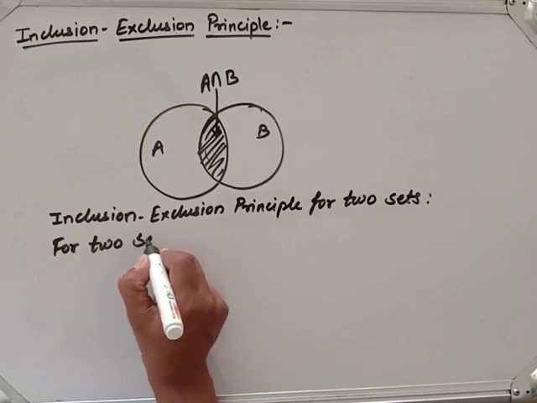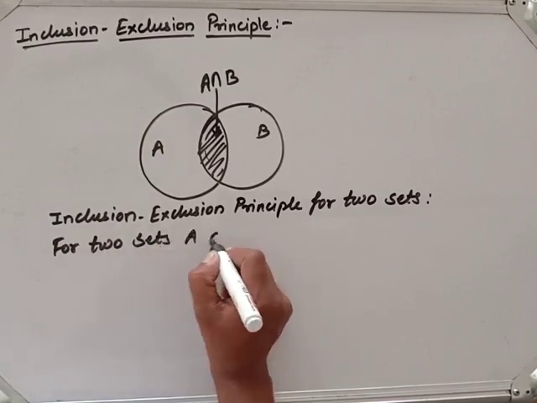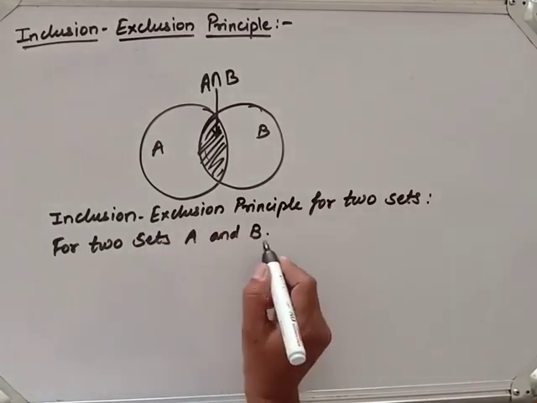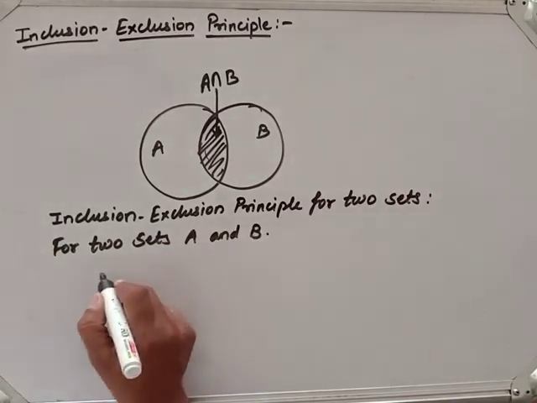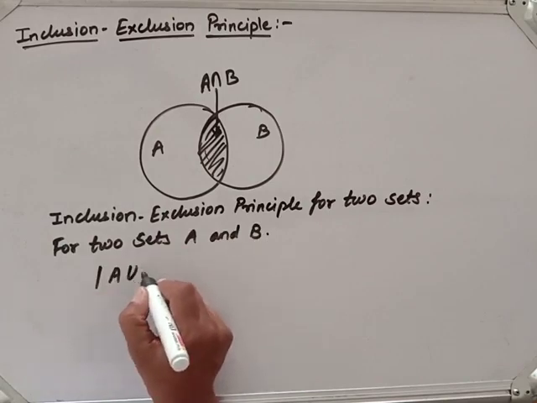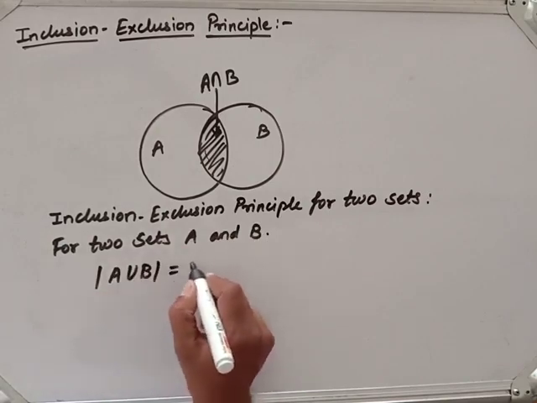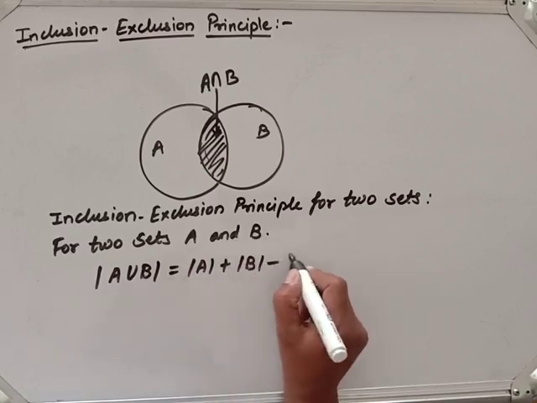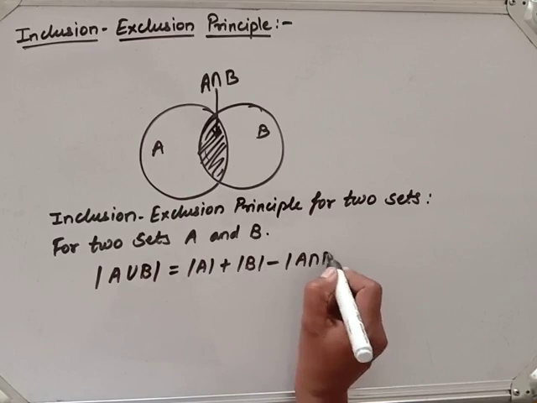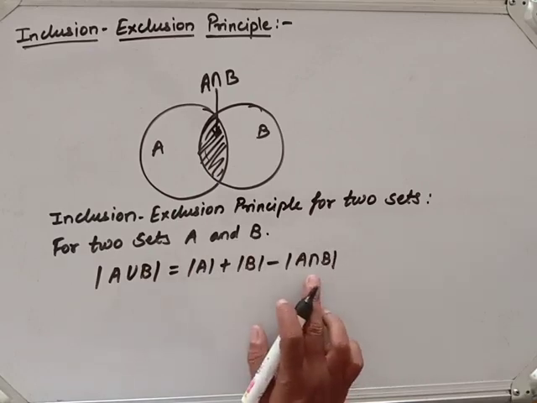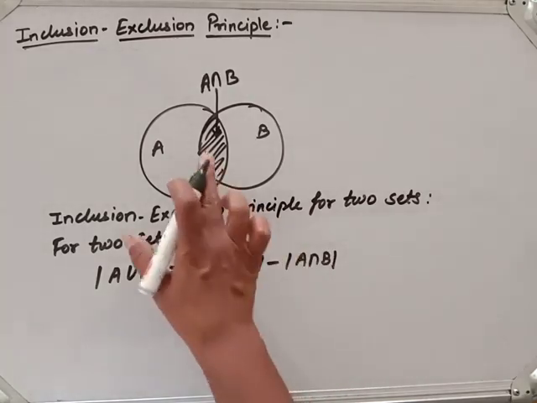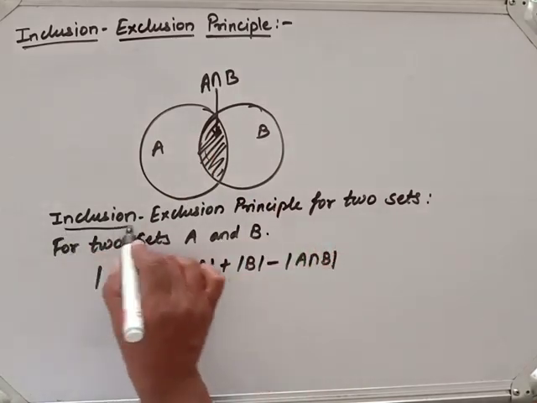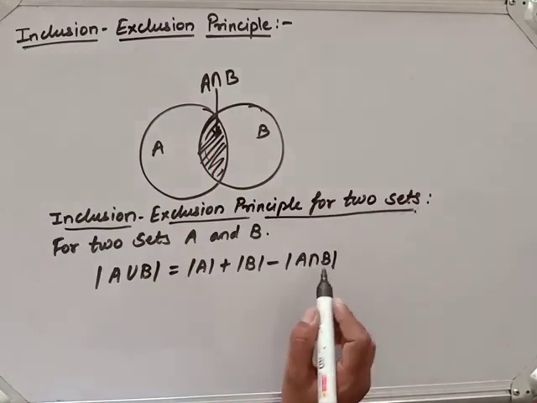For any two sets A and B, obviously non-empty, the cardinality of A union B is the cardinality of A plus the cardinality of B minus the cardinality of A intersection B. We have to subtract this one once as it comes twice. So this is the inclusion exclusion principle for two sets.